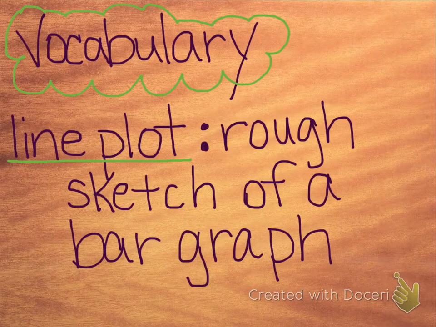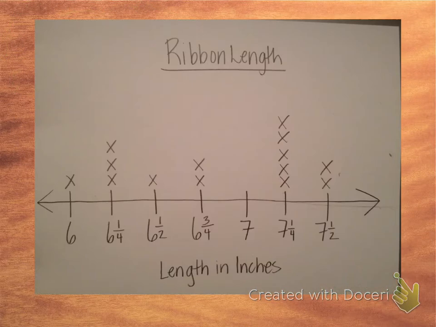Vocabulary, we're going to start with the word line plot. A line plot is a rough sketch of a bar graph, if you want to think of it that way. This is a picture of a sample line plot.